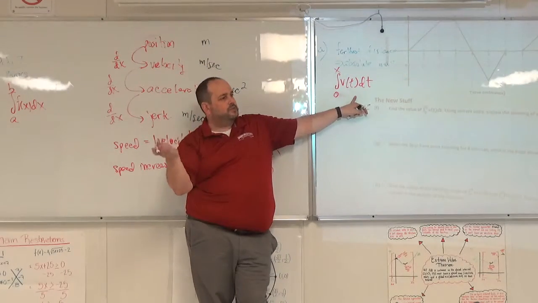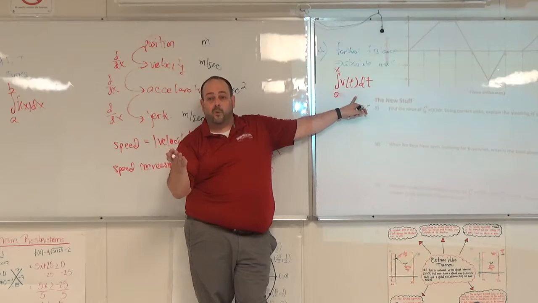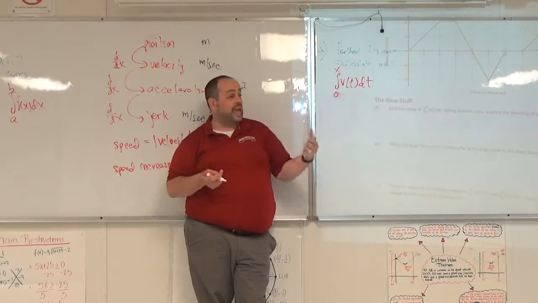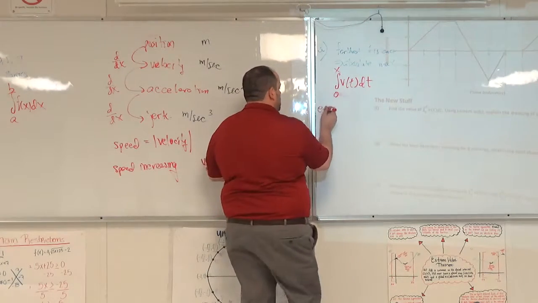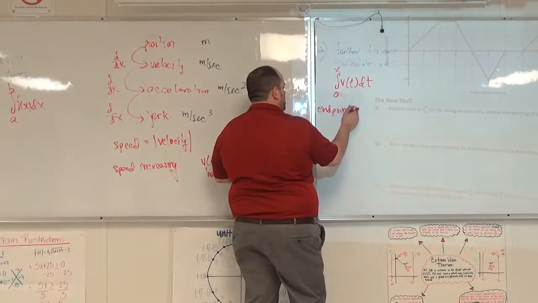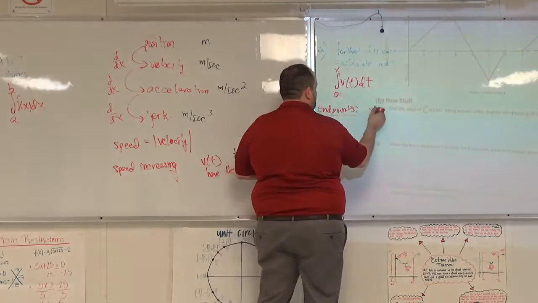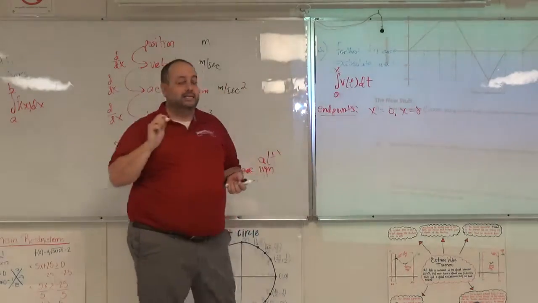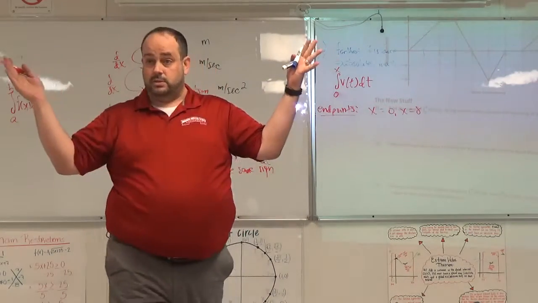If we think about all those optimization problems that we did before, where are the places that you would actually check? When we do optimization problems, you check endpoints. So the endpoints here are going to be at 0 and 8. And it's not just endpoints.